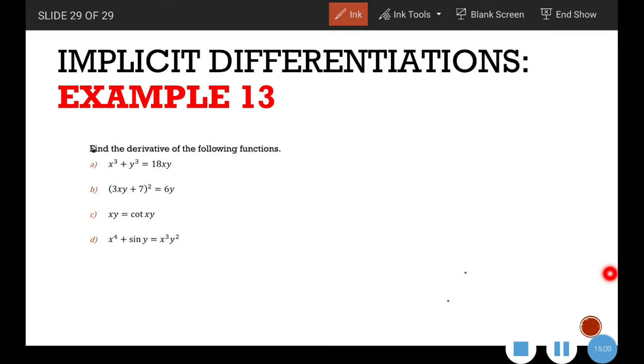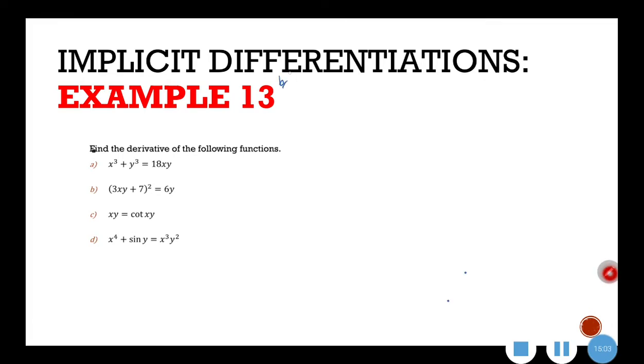Okay, now let's look at example B. Okay, wait, the original question is like this.